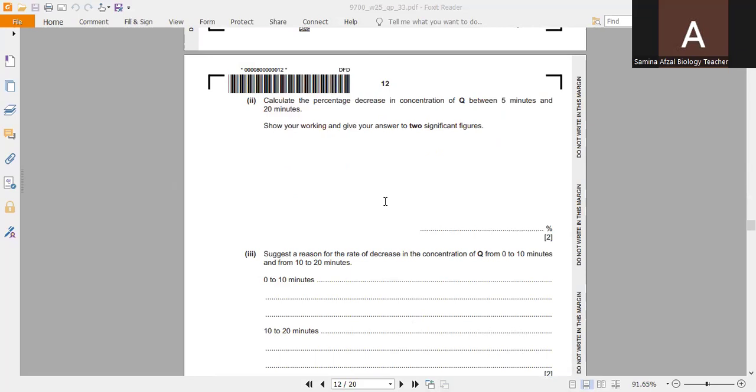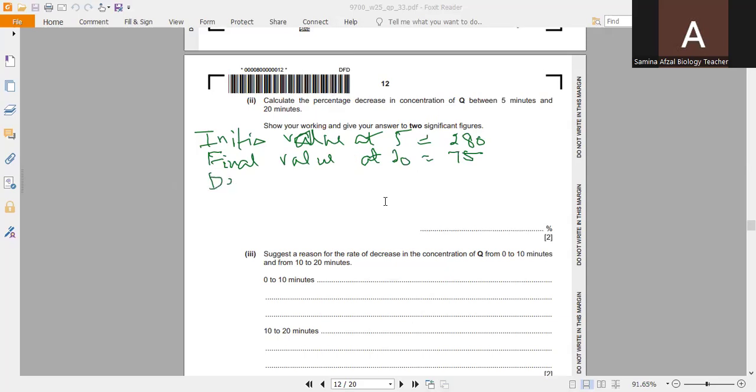So the initial value at 5 is 280. The final value at 20 is 75. So the decrease is 280 minus 75, which is equal to 205.